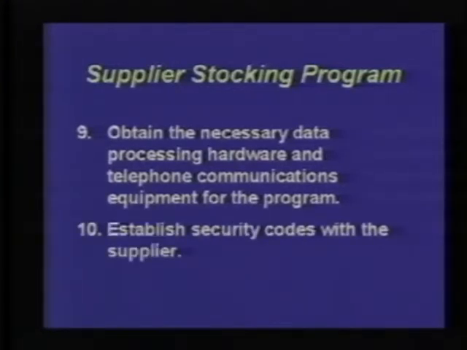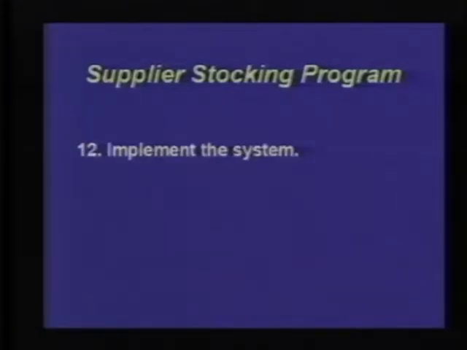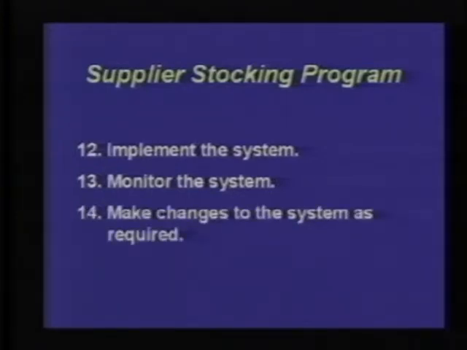You want to establish security codes so that you can have what we call a secure dial-up system. And then, as step number 11 indicates, you want to test the system, and then you want to implement the system, and then you want to make any adjustments or changes that will occur through monitoring, which is step 13, and then subsequently the changes on step number 14.